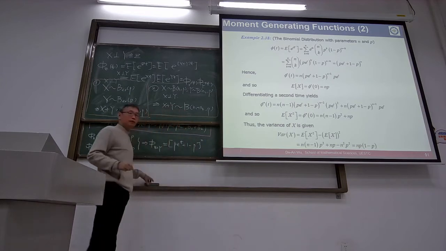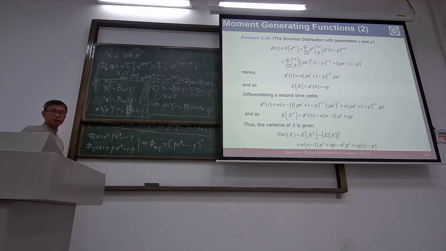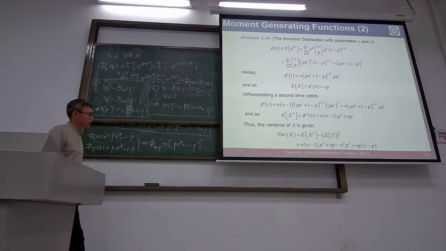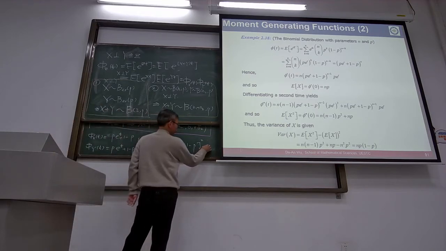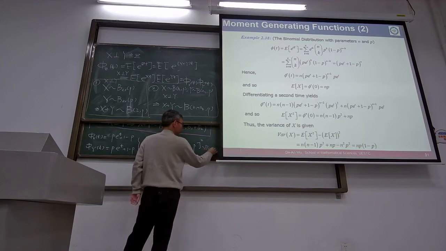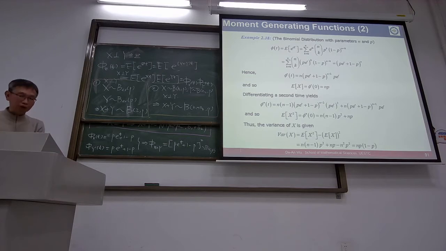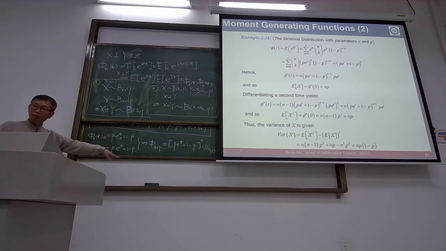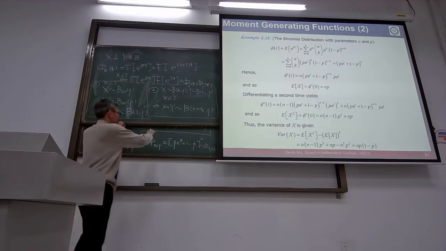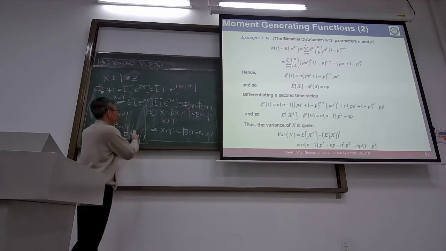What is this? It's just binomial with parameter 2, p. Because there is a one-to-one correspondence between the moment generating function and the distribution of a random variable, we say that the sum of two independent Bernoulli is just a binomial with parameters 2, p.